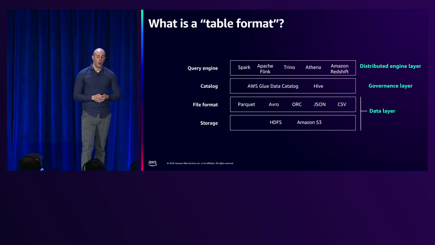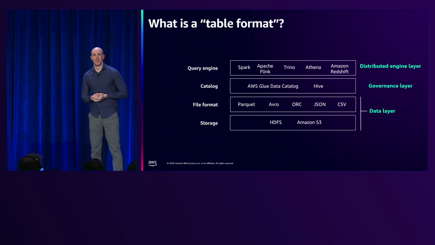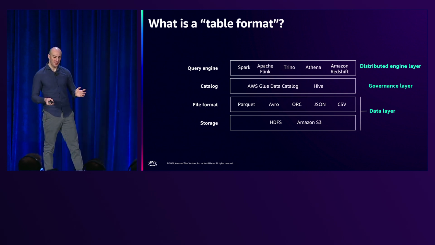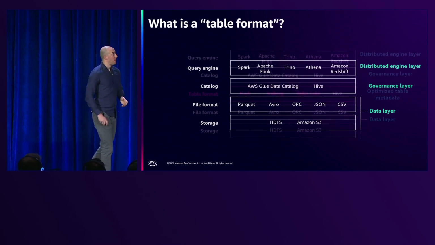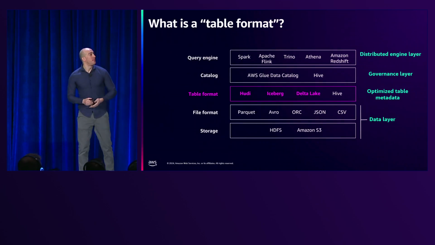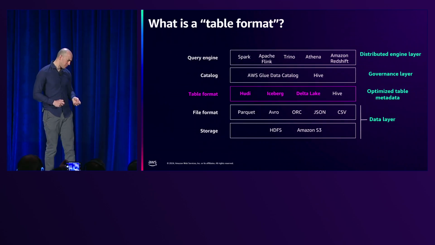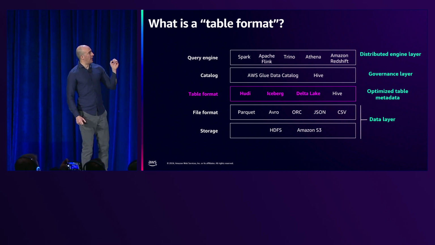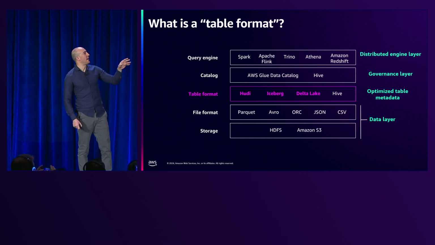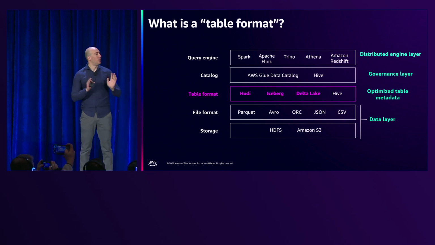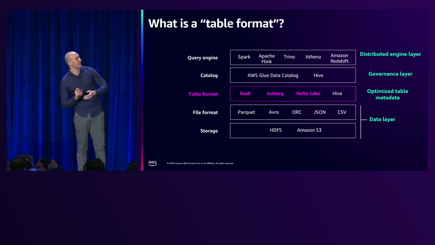Now, where does open table format fit in this? Do we want to take a guess? It fits between the catalog and the file format. I highlighted Hudi, Iceberg, and Delta in purple while I kept Hive in white.